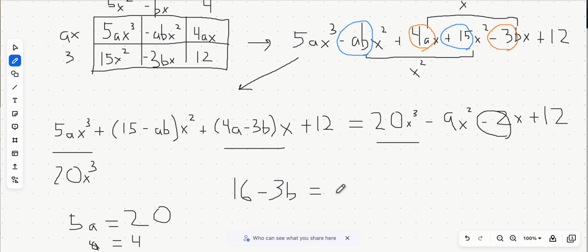So we need to get a negative 2 in front of this x. What value of b gives us a negative 2? Well, 16 minus 3b, you can solve it algebraically, or I can just tell you 3 times 6 gives us 18, and 16 minus 18 gives us the negative 2. Hey, look at that. We just solved for b. b equals 6.